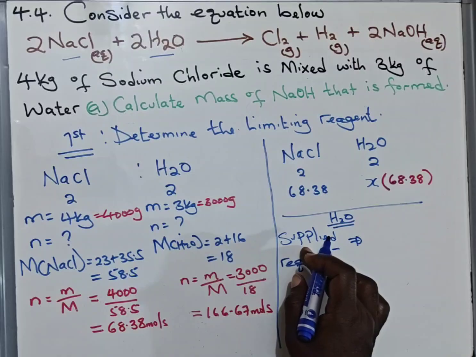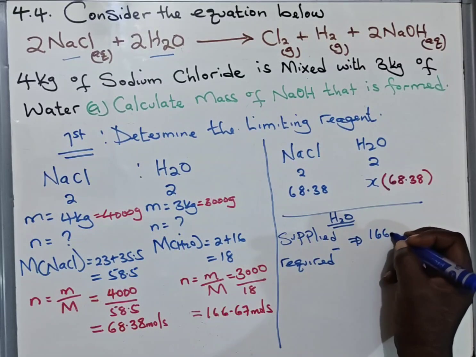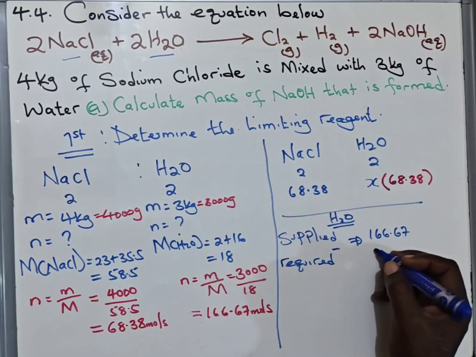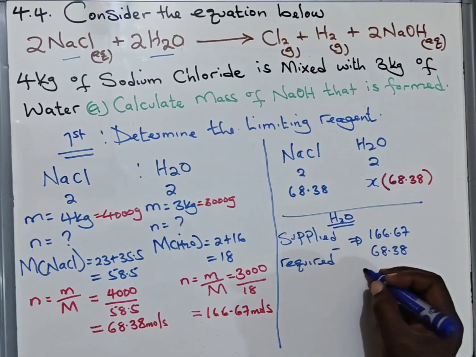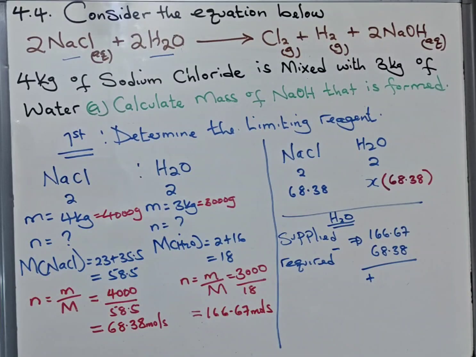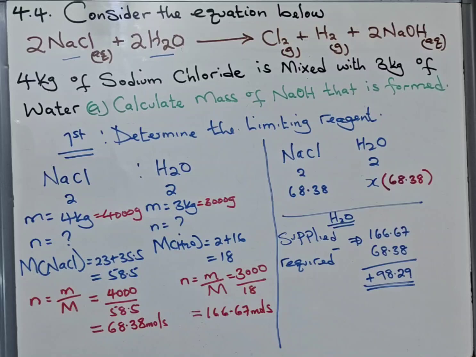Supplied for water is 166.67, and the required is 68.38. What does that mean? That we are going to have a positive difference. Let's have it. Yeah, this is what we have.